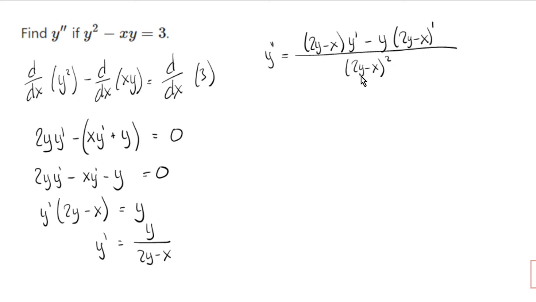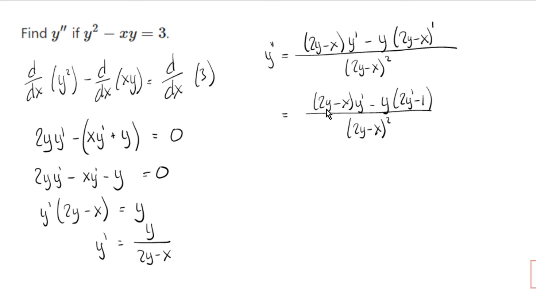So we've already differentiated, but we need to differentiate this binomial right here. So in the numerator we have 2y minus x times y prime, minus y times the derivative of 2y minus x, which is just 2y prime minus 1. And there's your squared binomial in the denominator.